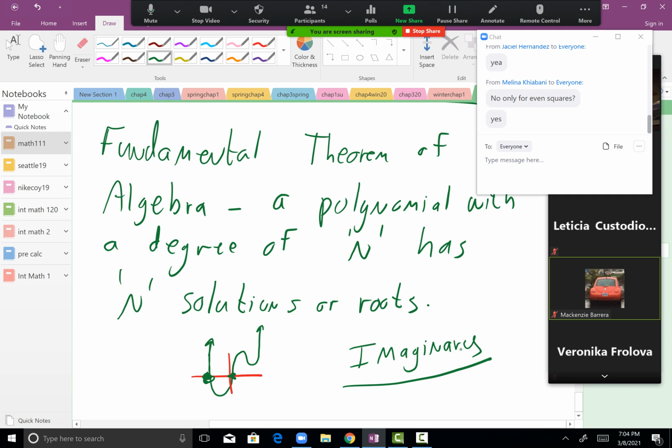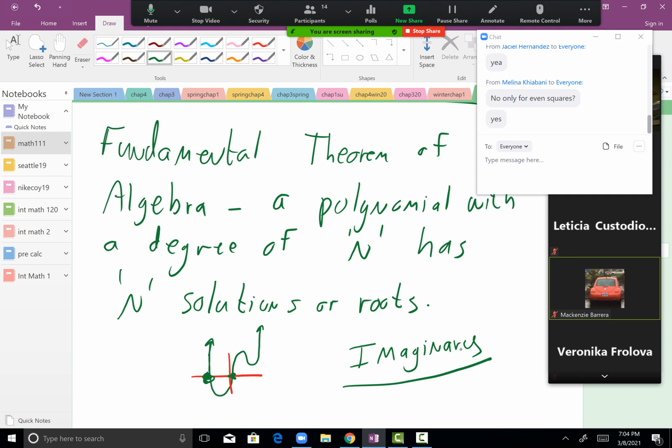Okay? They got to be imaginary. So if you have a polynomial with only one x-intercept, then your other solutions would have to be imaginary. Okay, if there's no multiplicity. That's what's happening there. Okay? They got to be imaginary.